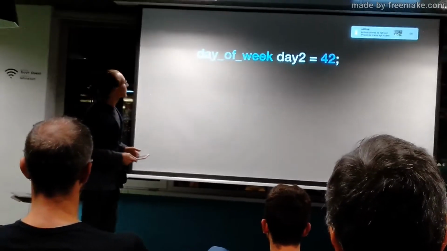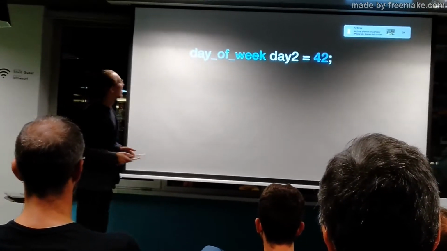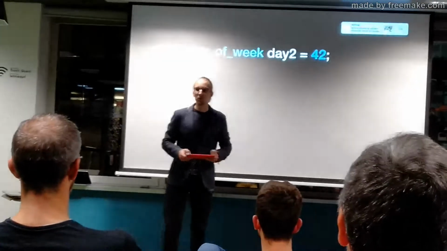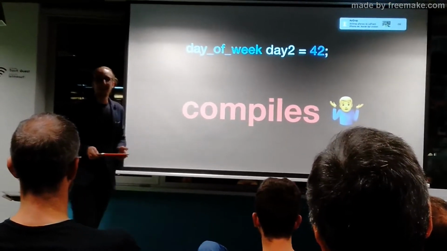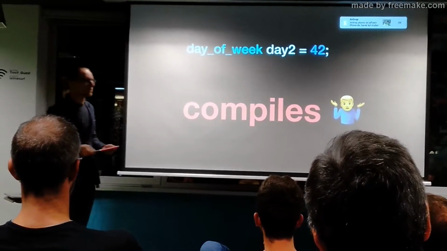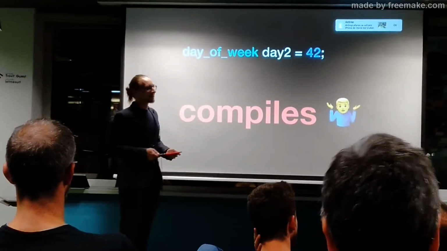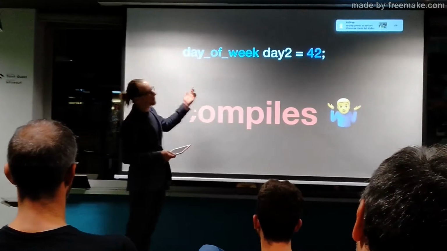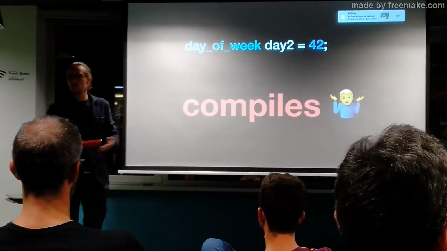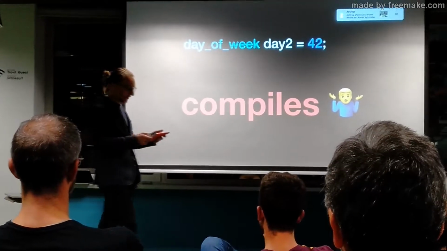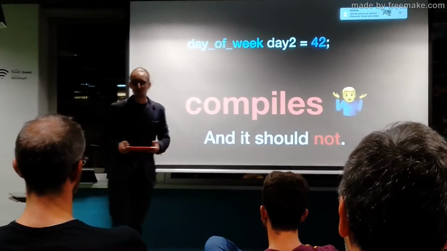Okay, but what about this? We are assigning 4/2 to day 2. And it compiles, and that's a problem, right? Because in C, an enumeration is just a renamed integer, so there is no behavior on top of that, and it should not compile, obviously.